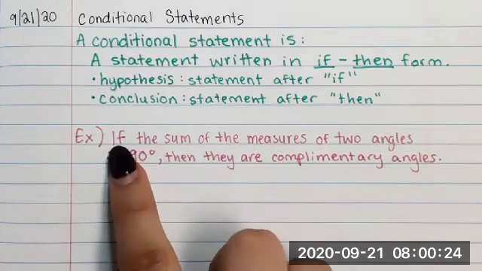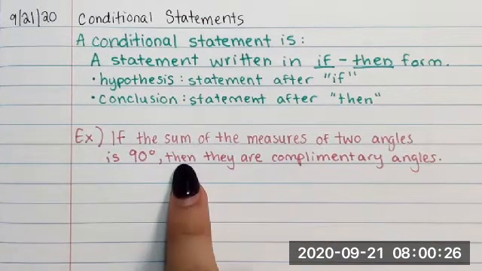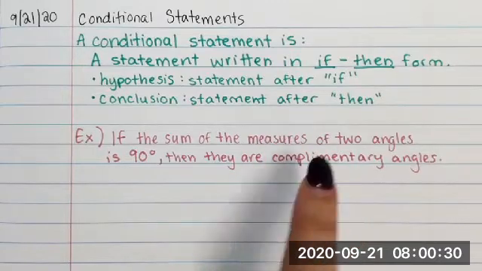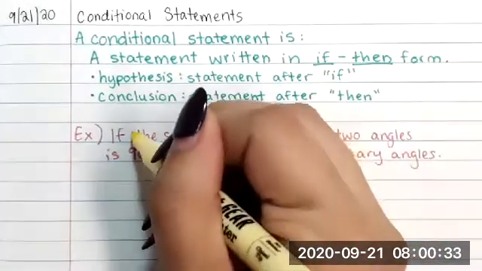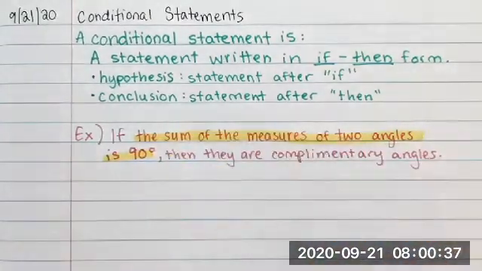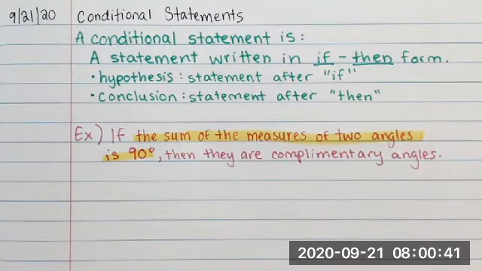So we have an if and a then, if something, comma, then something. And those two somethings are our hypothesis and conclusion. So that statement of the hypothesis would be the sum of the measures of two angles is 90 degrees. And then our conclusion follows.